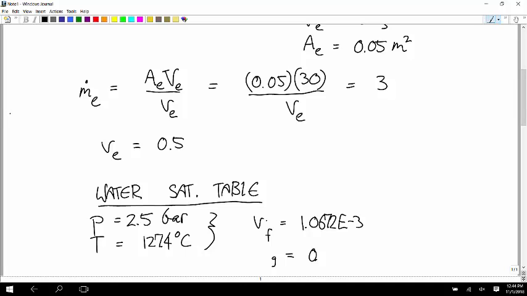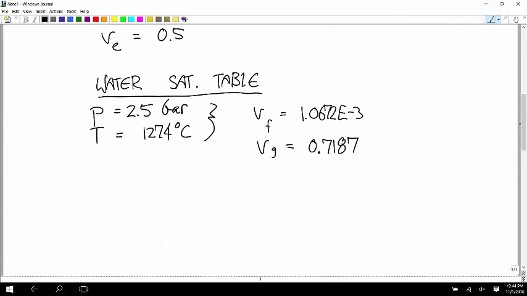So this is the specific volume for the liquid. For the gas, it's 0.7187.